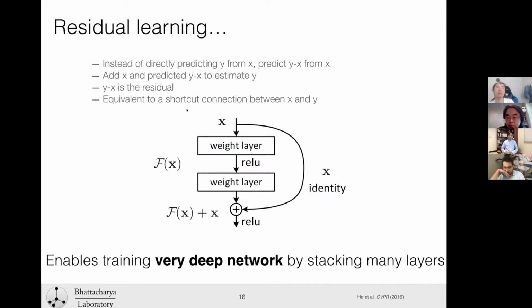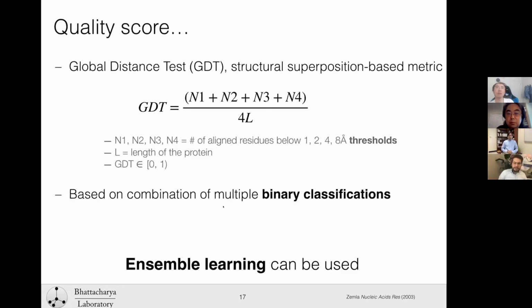So this is equivalent to adding a shortcut connection between X and Y, as shown in the figure here. Residual learning really enables the training of very deep neural networks by stacking many layers together. And this residual learning can be embraced by quality estimation methods to further improve the performance. Finally, the quality score.